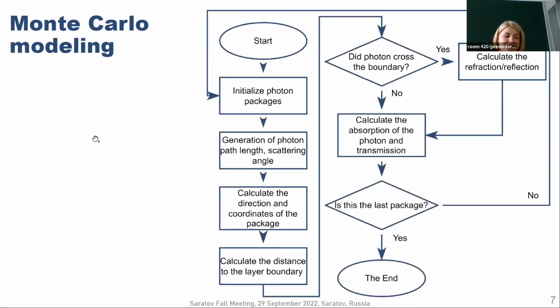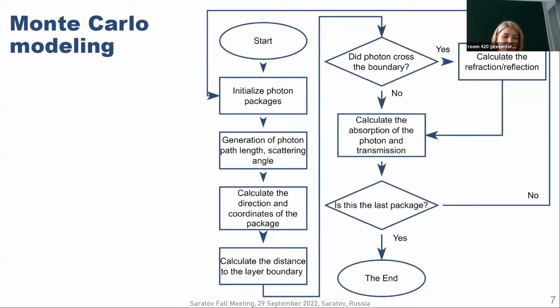The present study used Monte Carlo simulation of optical radiation propagation in biological tissues. The Monte Carlo method provides a precise solution of the problem of light transport in complex turbid media with a complex structure, which has made it a popular tool for modeling light propagation in biological tissues.